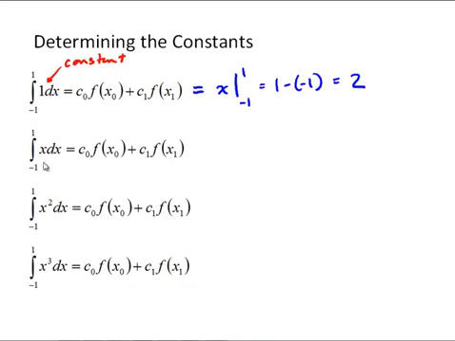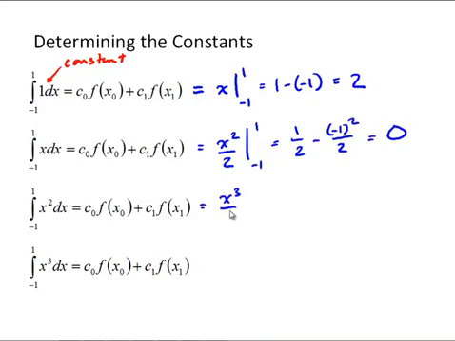The integral from -1 to 1 of x dx is going to be x squared over 2 evaluated from -1 to 1, which is going to be 1/2 minus (-1) squared over 2, and that squares away the negative sign. That goes to 0. The integral of x squared dx is going to be x cubed over 3 evaluated from -1 to 1, which would be 1/3 minus (-1) cubed over 3, which is equal to 2/3.